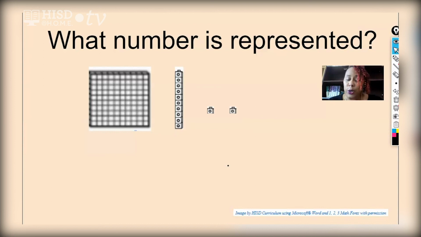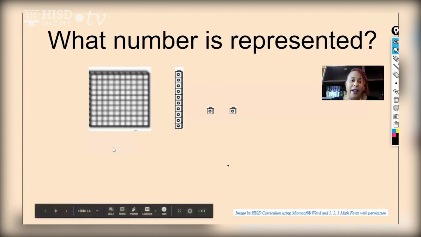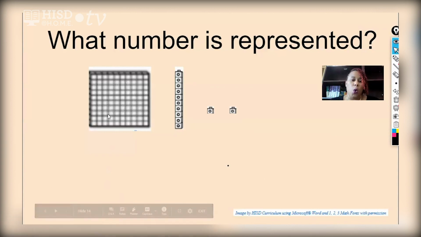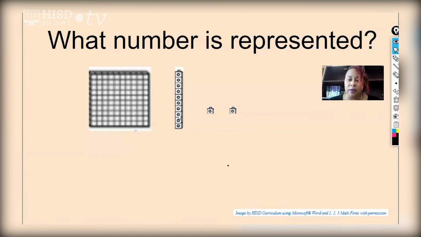How many tens do you see? How many ones do you see? I know that this square is representing 100. This bar is representing 10. And here I have 2 ones.